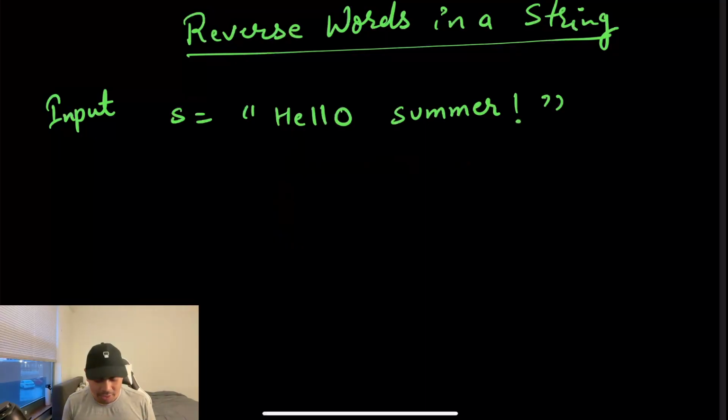The first time we come across a character that's not a white space, we create another pointer. Let's say my I is pointing over here, and when I come across a non-white-space character, I start a while loop.